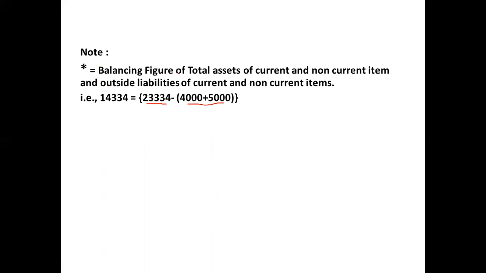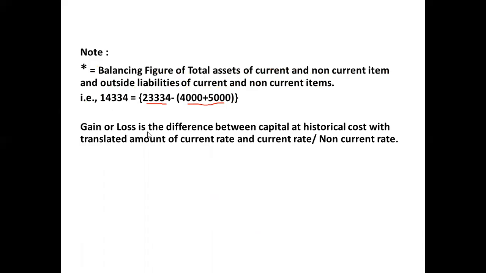So the balancing figure is total assets of current and non-current items minus outside liabilities of current and non-current items. Then gain or loss is the difference between the capital at historical cost and the translated amount at the current rate and current and non-current rate.